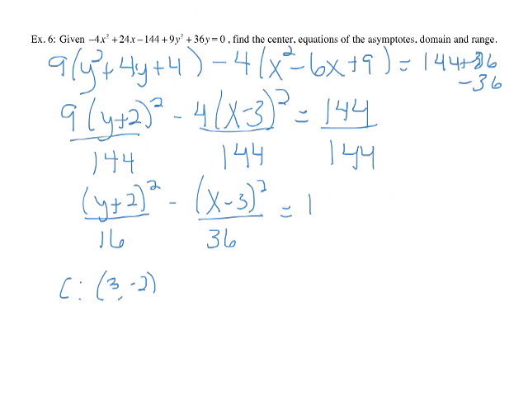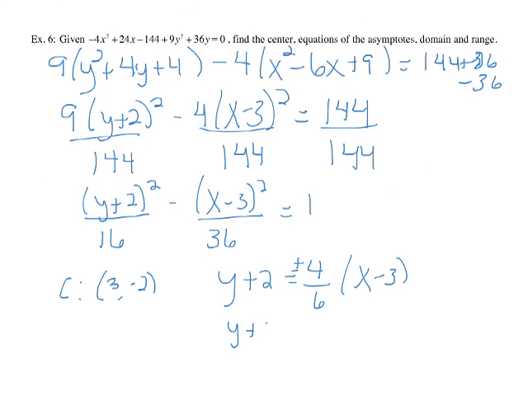The vertices, oh no, equations of the asymptotes, that's all I ask, isn't it? So the equations of the asymptotes would be, let's see, I would do y, and then the center, so plus 2 equals the slope, which is going to be 4 over 6 times (x minus 3), which then, of course, is plus or minus.